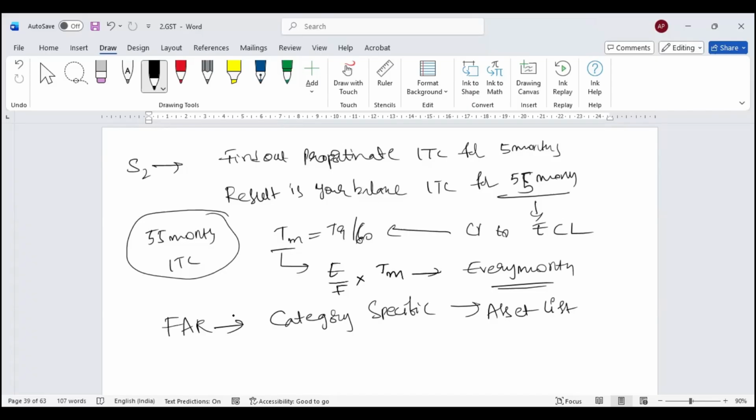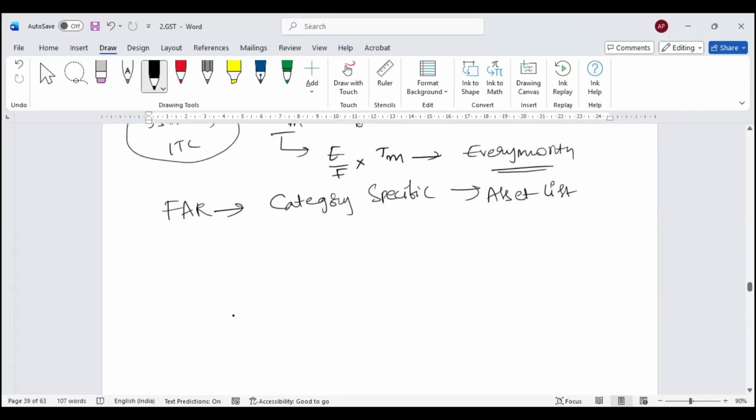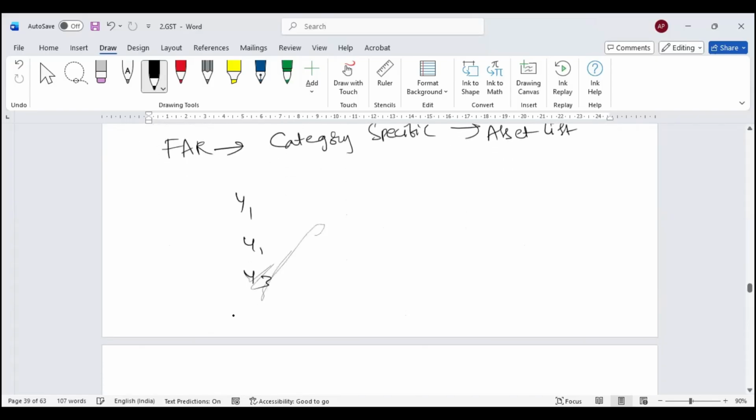Similar to your FA register, these capital goods where your rule 43 gets applied, I calculate what is every month, like this financial year. I plot in my asset list. I'll say year 1, year 2, year 3, year 4, year 5.